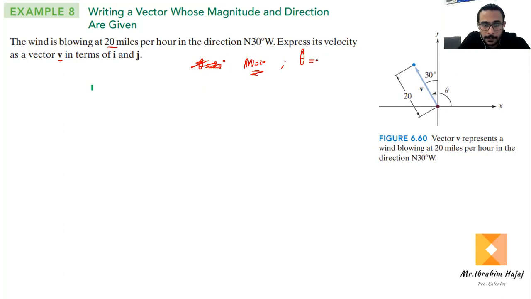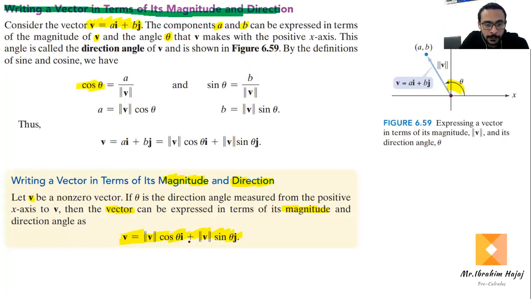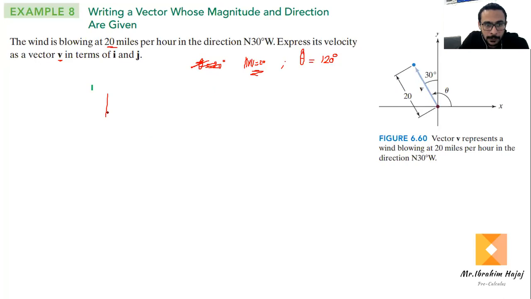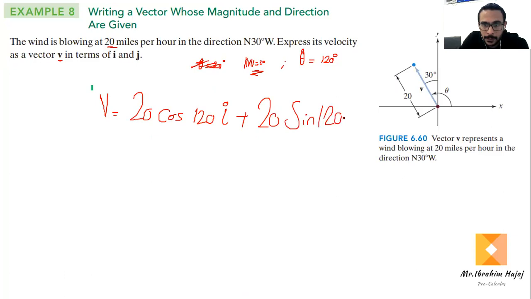But here is a question: it's north west, right? N W means north west. So theta is 120. 90 plus 30 is 120. Yes, it's 120. The rule here: v equals 20 cosine 120 i plus 20 sine 120 j.